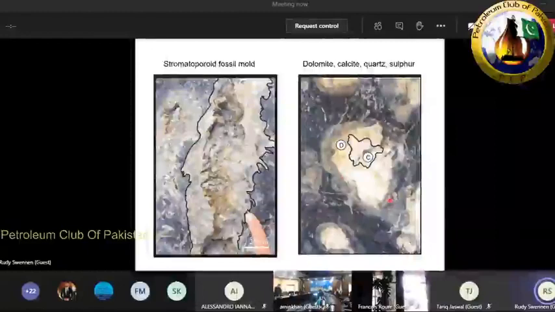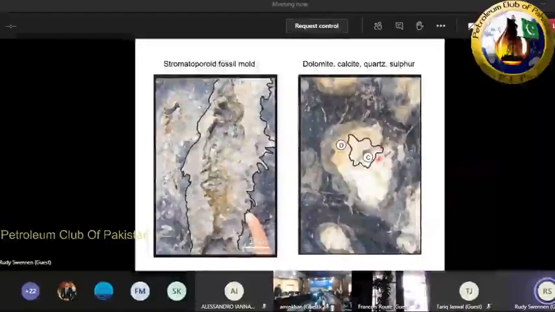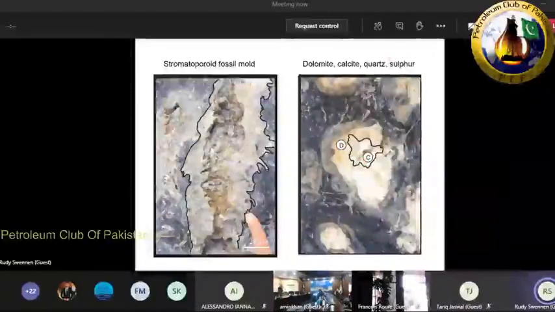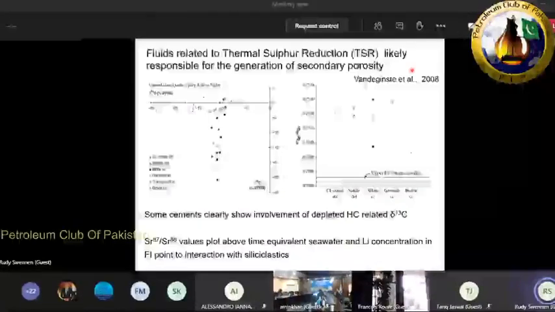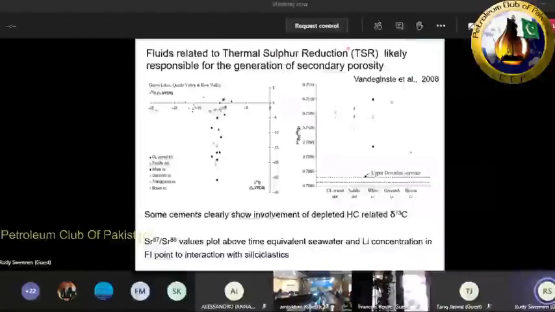and then some of the cavities were filled by dolomites, calcite, quartz, and also sulfur. And if you have sulfur in the system, you have to be careful, because that could indicate that you have thermal sulfate reduction.